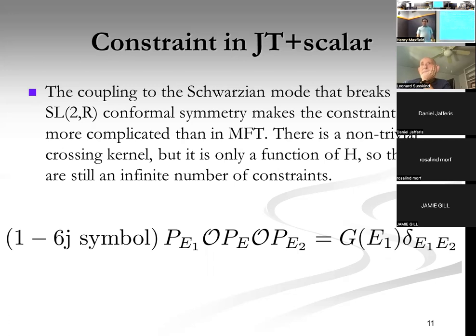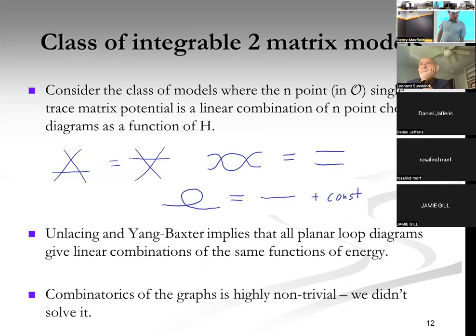That thing will generate terms of a particular type: a quartic term, which consists of 4 O's and then a function of 4 energies. That's what a single trace quartic term looks like. And from the constraint squared, the function of 4 energies will consist of some pairwise delta functions and the 6J symbol as a function of the 4 energies.